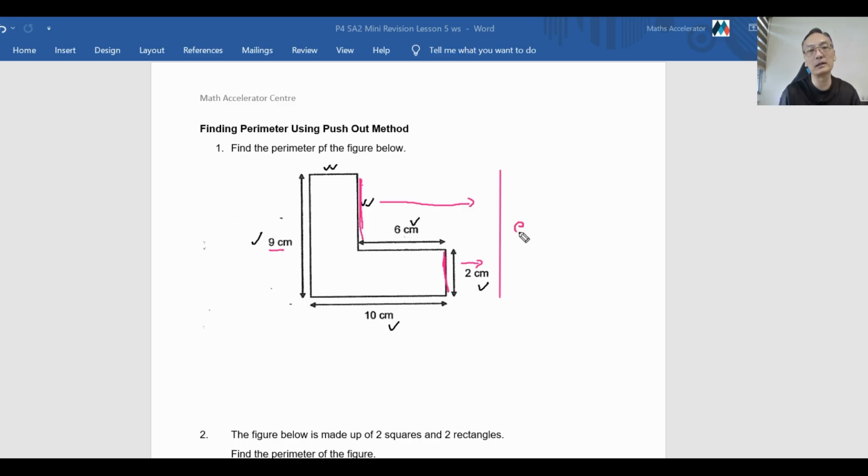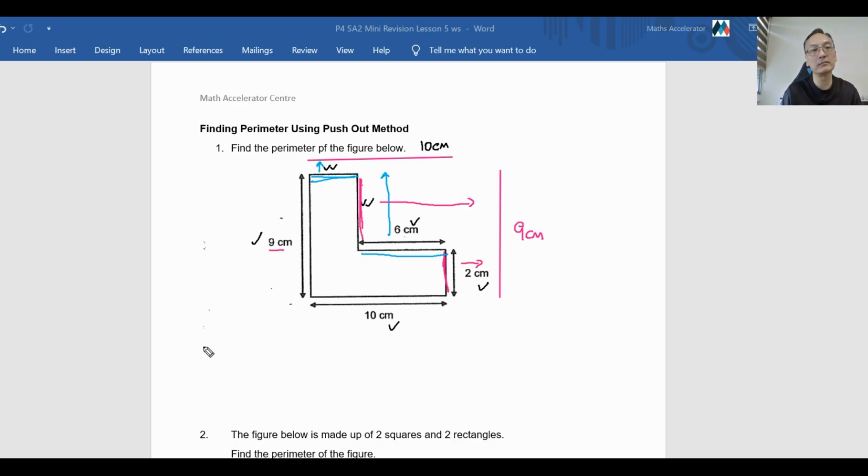This part will be 9 cm. We can also push out these two horizontal parts, these two sides, and the combination of these two blue lines will be 10 cm.